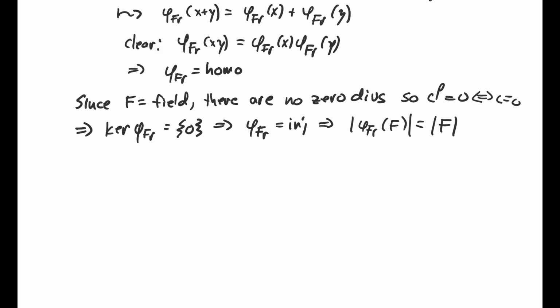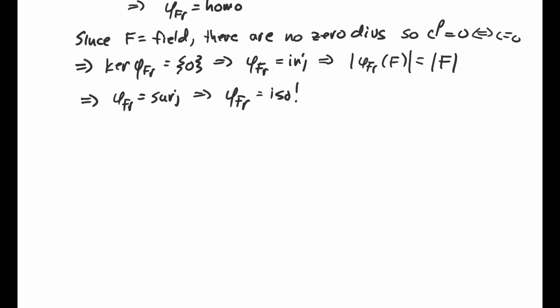This says that the size of the image is the same as the size of what you started with. But if the size of the image is the same as the range, that means it's surjective. And so finally, if it's surjective now, then it is actually an isomorphism. So in this case, it's the Frobenius isomorphism.